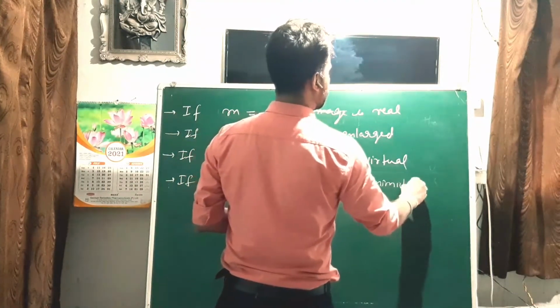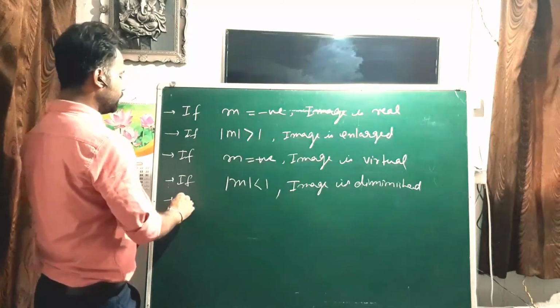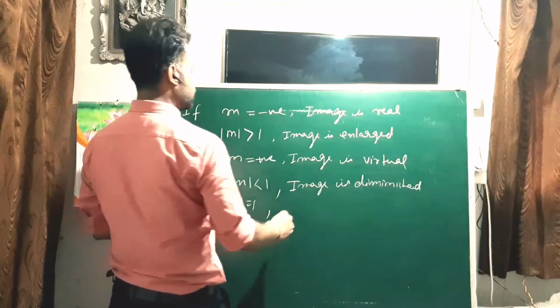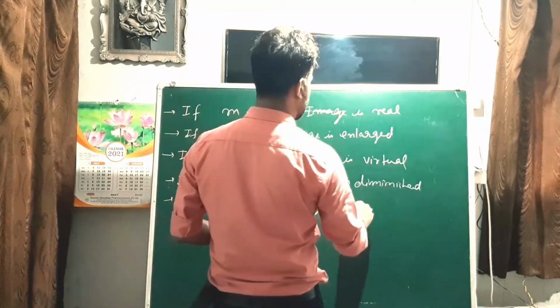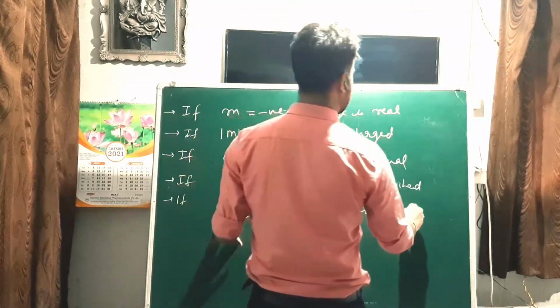That means smaller than the size of the object, and obviously if M is equal to 1, that means image and object are of the same size.